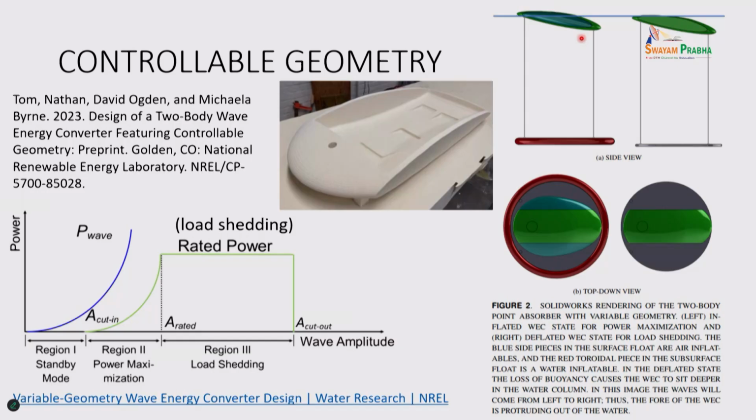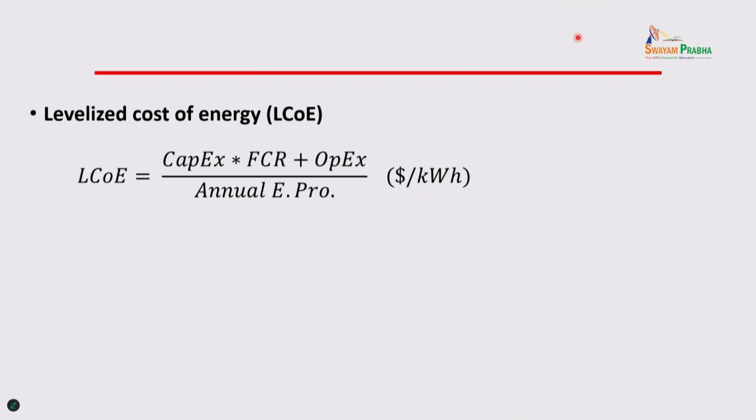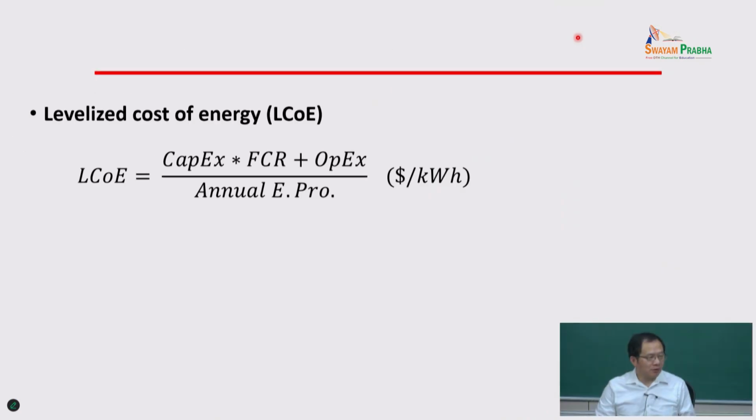You control probably today and tomorrow, depending on wave speed and wave amplitude and like that. Okay, this is controllable geometry. And overall, what we want to show, as I mentioned, is the cost of energy in terms of dollars per kilowatt. This is a very important concept I want to highlight.